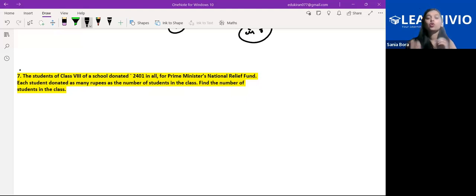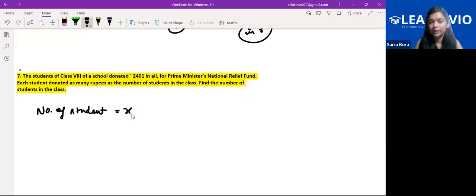Over here, you don't know how many students are there, right? So you will take the number of students equals X. Then each student donated X rupees.